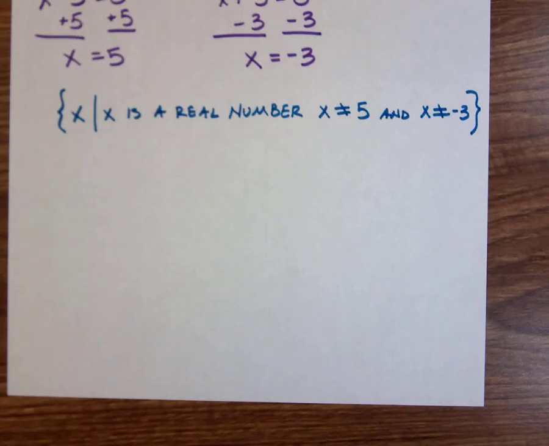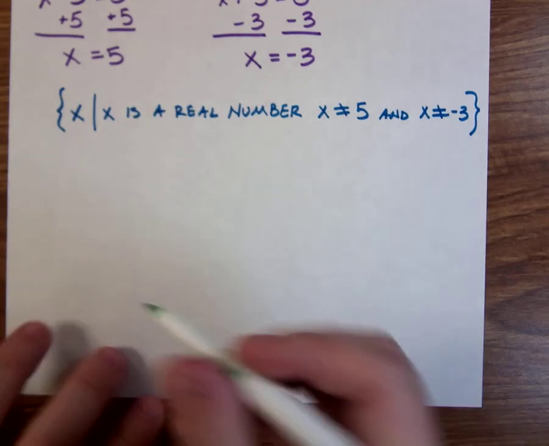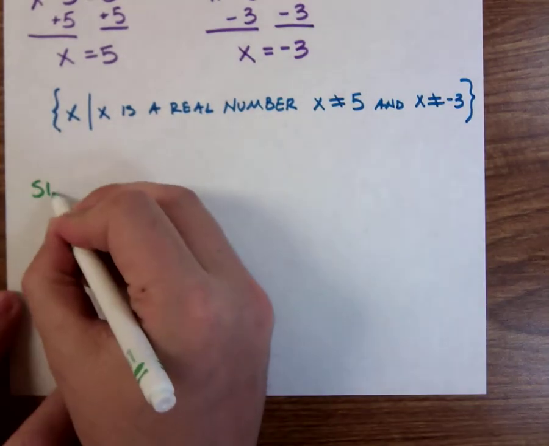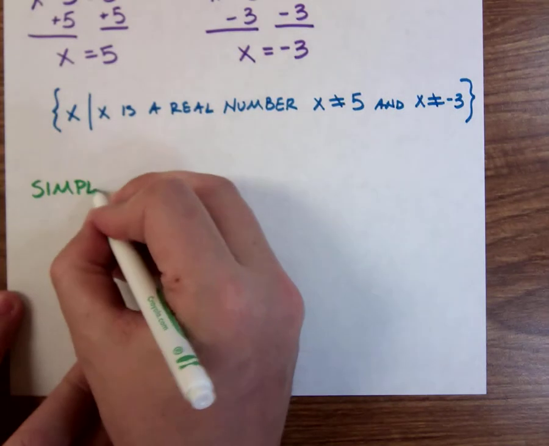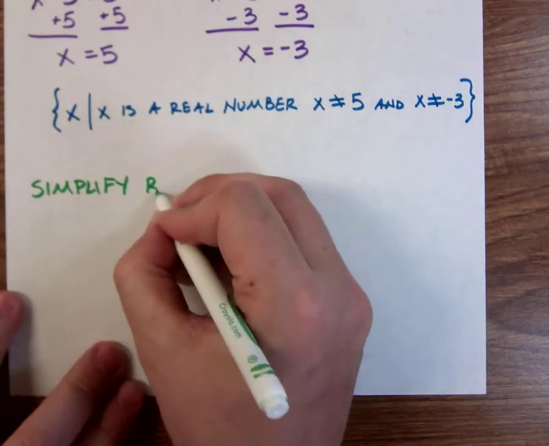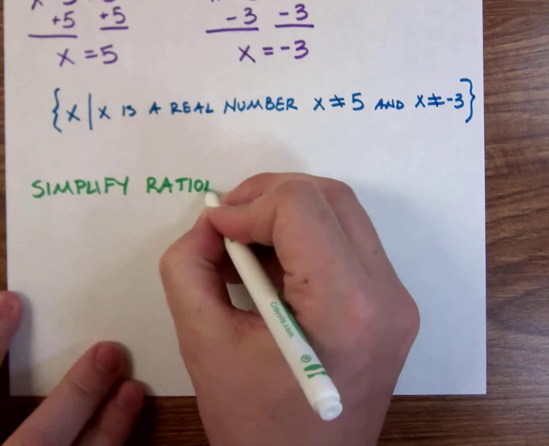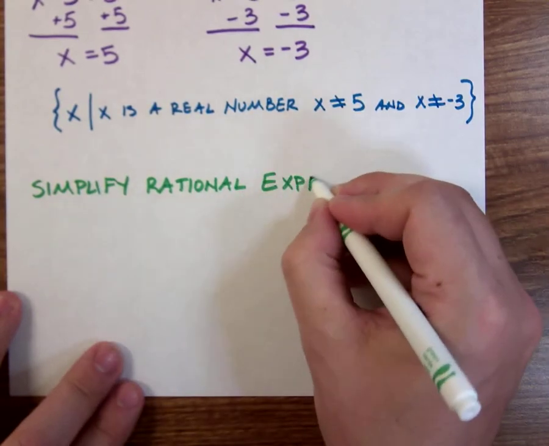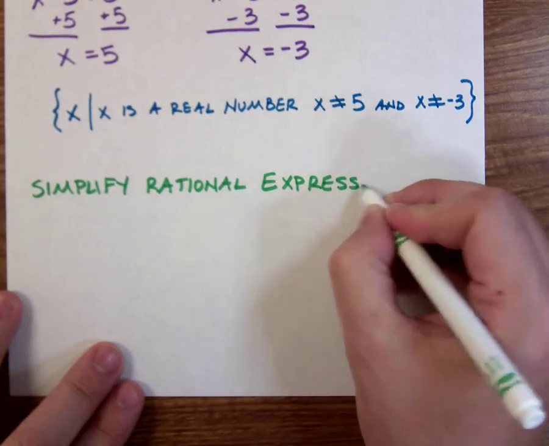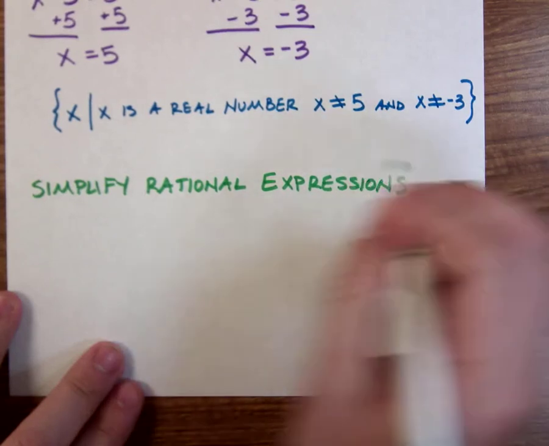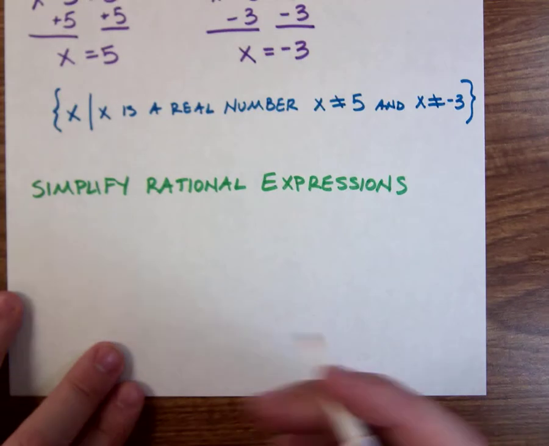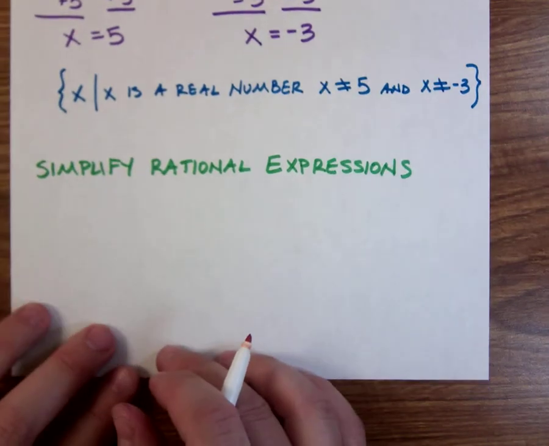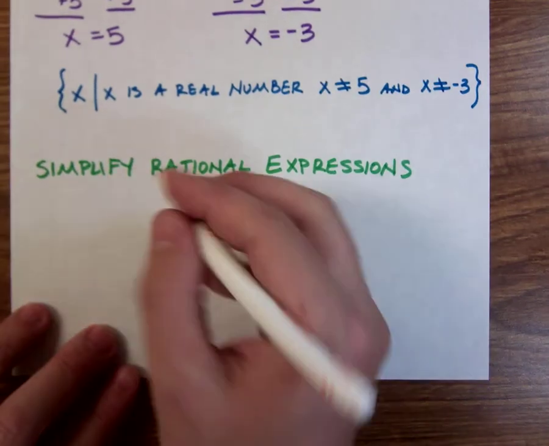Now, before we jump into solving the equations, there is one more thing that I need to show you. And that's how to simplify rational expressions. Rational expressions are basically like really fancy hardcore fractions. So when I say simplify rational expressions, you can treat it the same as if I said simplify a fraction.